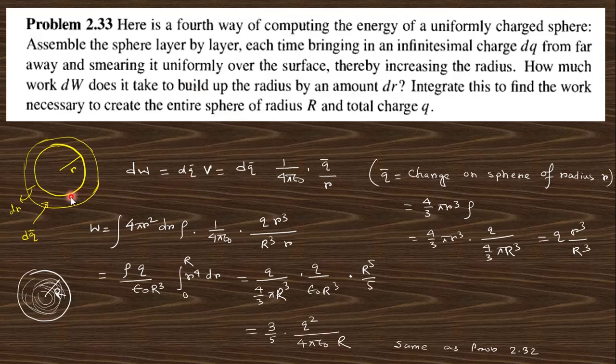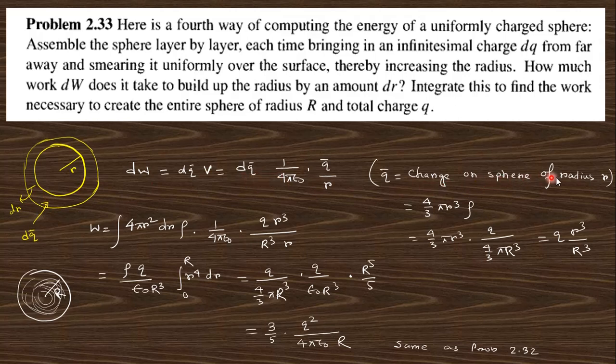So at any instant, if the radius is smaller and you increase it by dr, then the work done for this small increase will be charge into potential. The potential of this will be 1 by 4 pi epsilon naught q bar by r, and the charge will be dq bar.